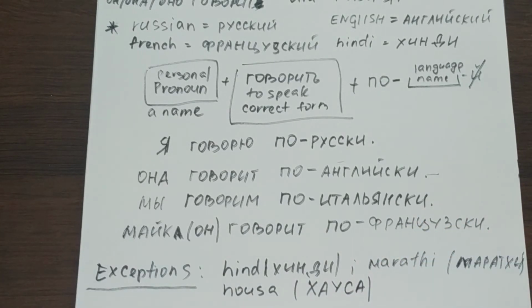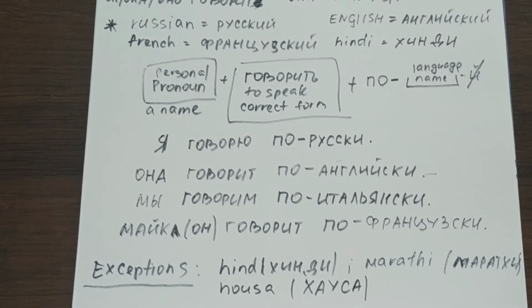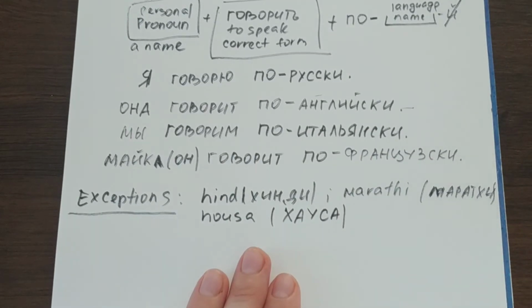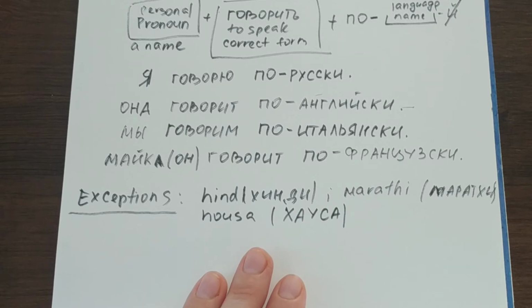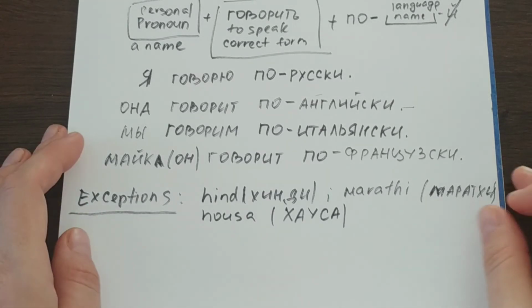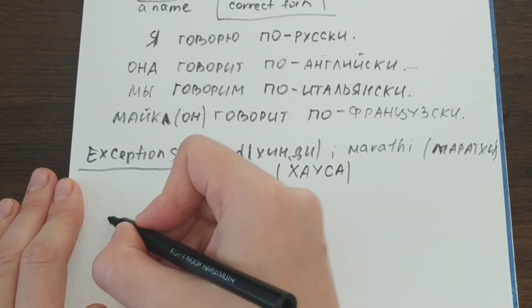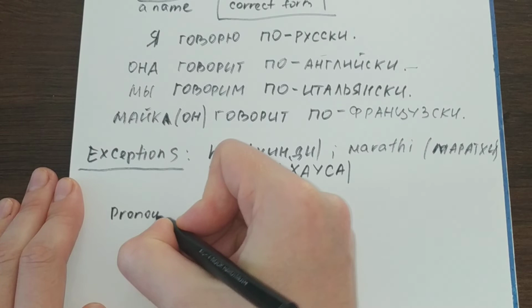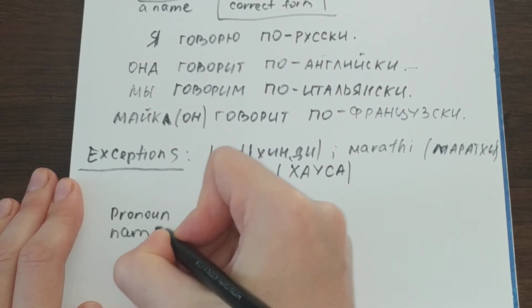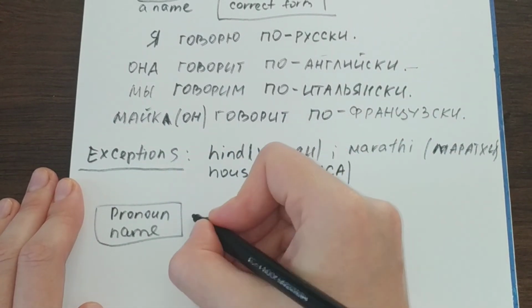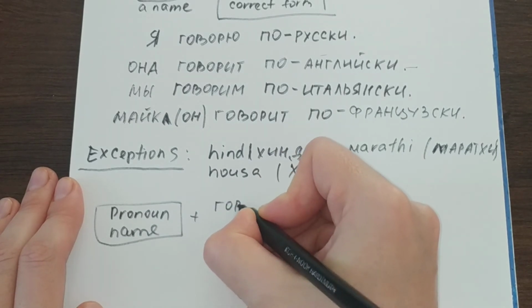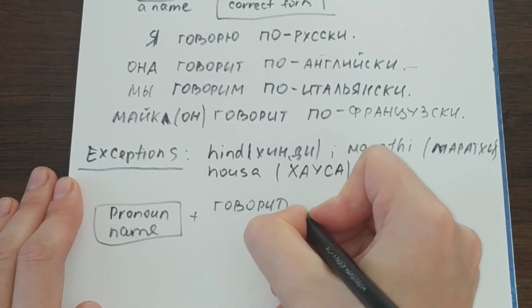So when we have a name of a foreign language that has its own name, that is not derivative of a country name, then to say that you speak that language, we have to form that sentence differently from this pattern. So again, we're using pronoun or name. Then we also have the verb говорить, to speak.